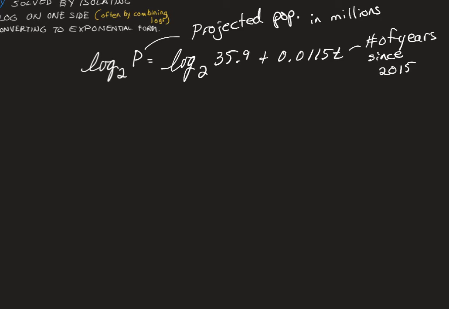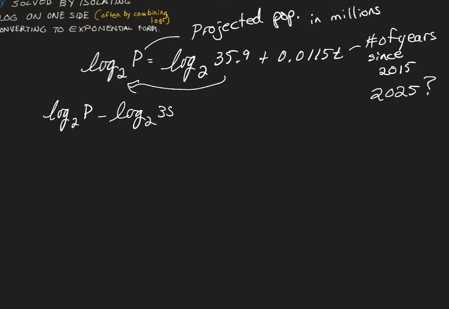So let's see what would happen in the year 2025. Okay? What we're going to do is get this log to the other side. We want all of our logs on one side, but we especially have to have the log containing the p isolated. So if we subtract the log base 2 of 35.9 from both sides, we will only have 0.0115 t left on the right-hand side.